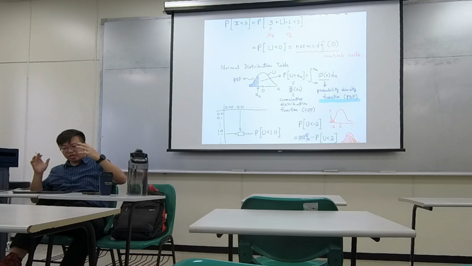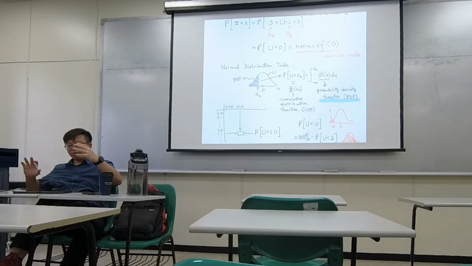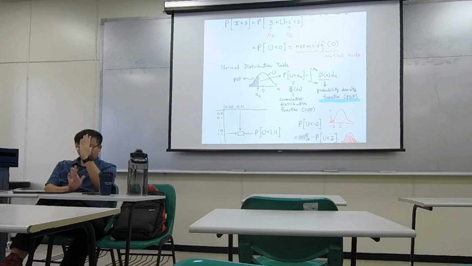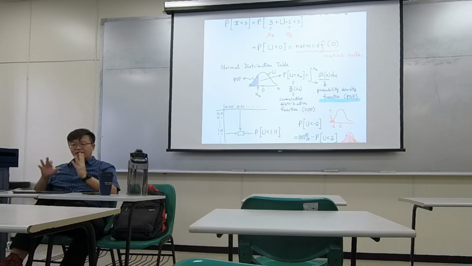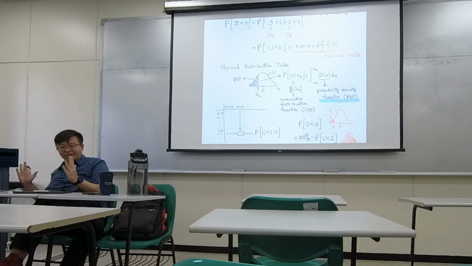And if you do the integral of it from negative infinity to a certain point, the area underneath the distribution is basically the probability of that certain side.